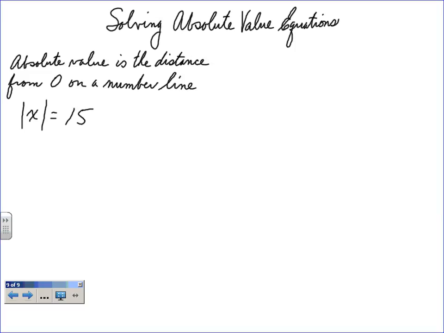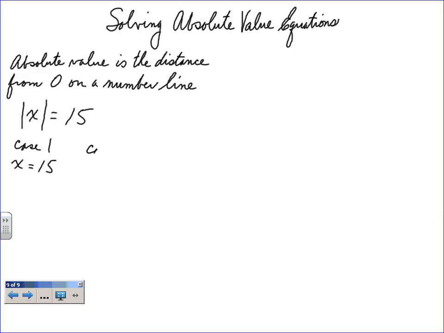Yes? So if it's like the x could be a negative? Yes. And then, but if it has the two lines, it would be positive. Anything that we take out of absolute value is going to be a positive. Because x could equal, and let's say in case 1, because there's always two cases if you have a variable inside absolute value. In the first case, whatever's inside this absolute value could equal 15.